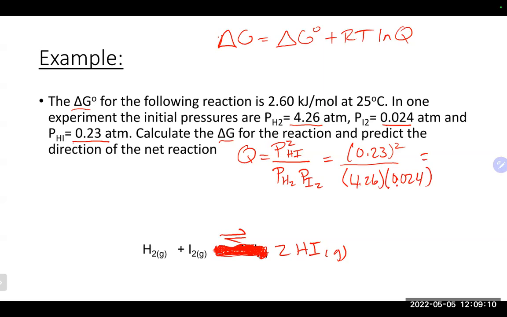That is going to give us a Q of a number. Squared, divided, and divided once more. It equals, I'm going to go with 0.517 as our Q value.